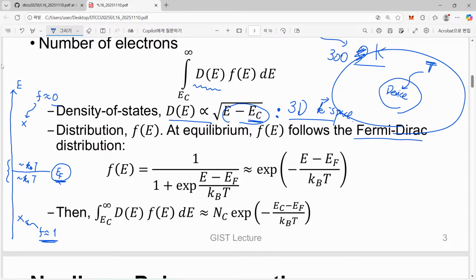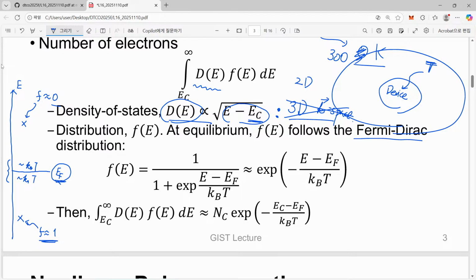However, if we consider two-dimensional material, monolayer two-dimensional materials, then this is no longer the case. We have to consider two-dimensional K space, or even if we have a carbon chain, then we have to consider one-dimensional K space. In these cases, this assumption, that density of state follows the square root of energy, does not hold any longer.